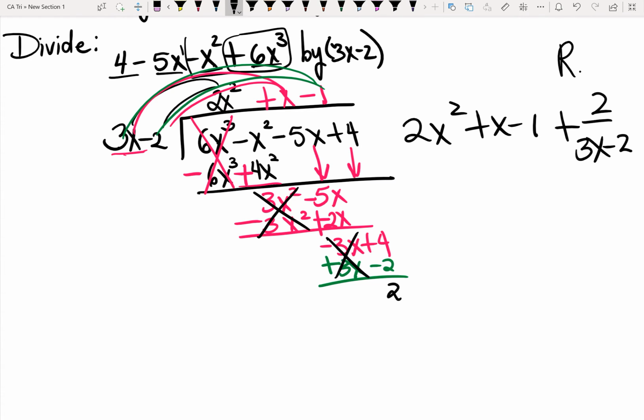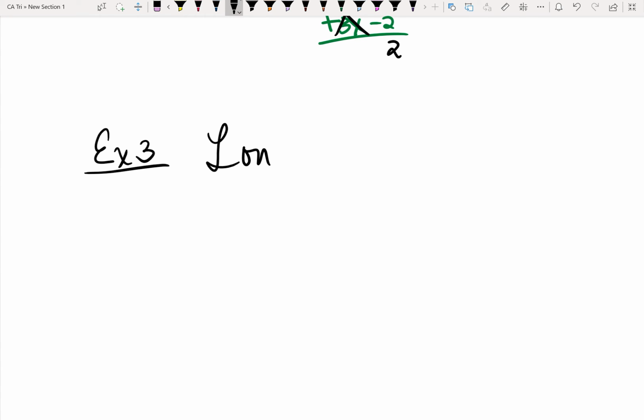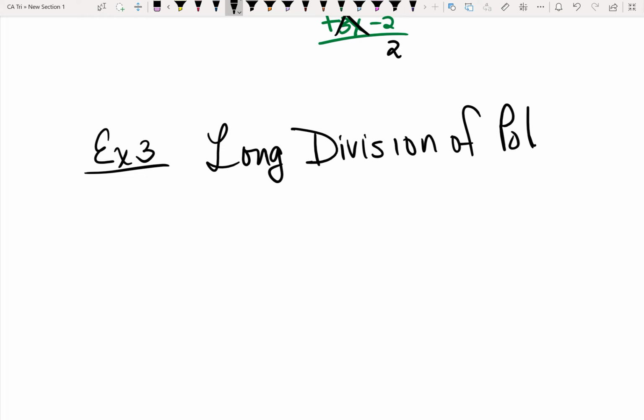Alright, now example 4, or example 3 in this case. So here's example 3. In example 3, you have long division of polynomials. So this is a continuation, it's more of the same.